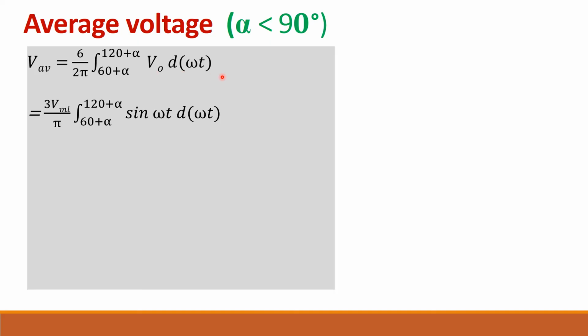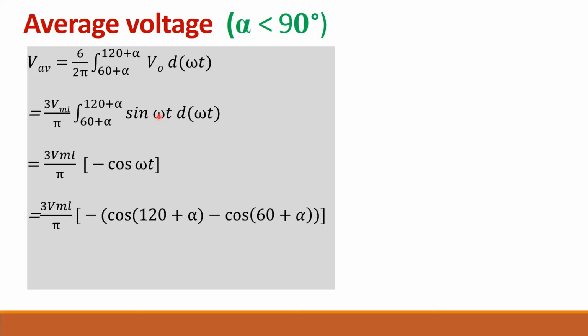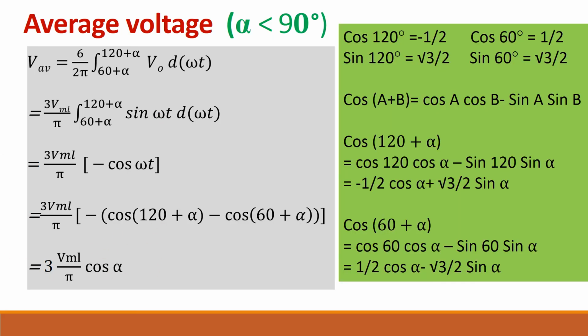So V naught is Vm sin omega t. So you simplify this one. So this is the average value. So all the formulas I have given to derive the equation.